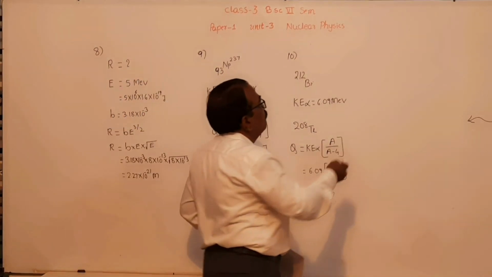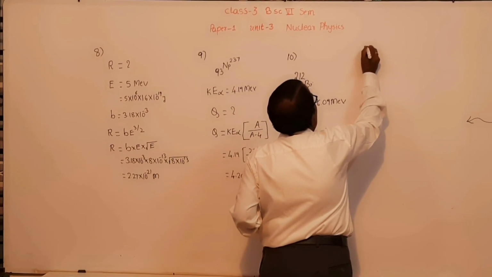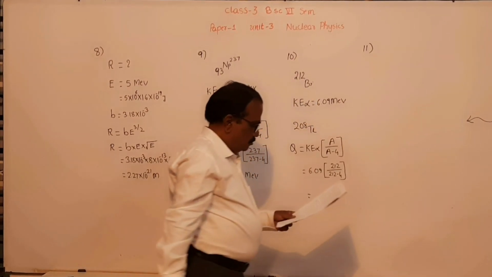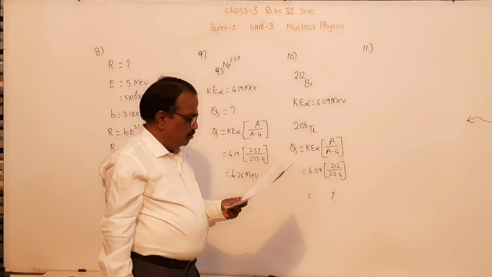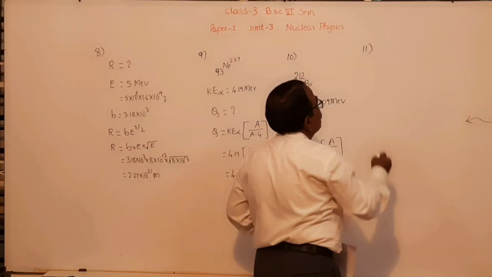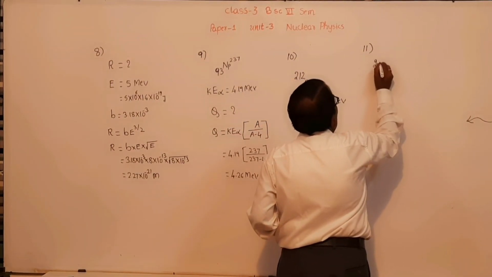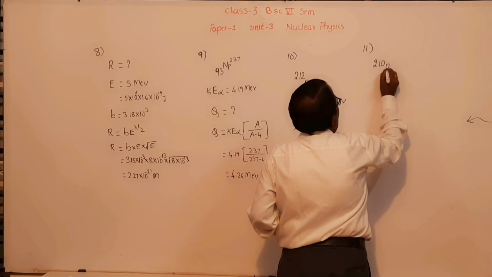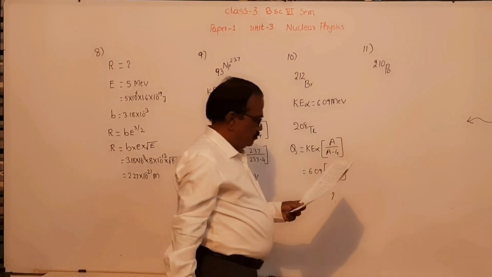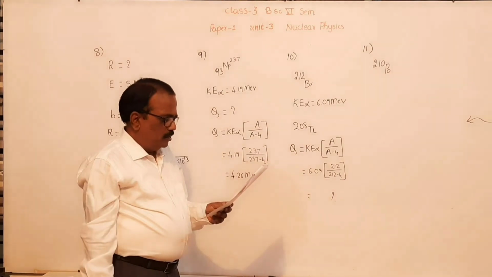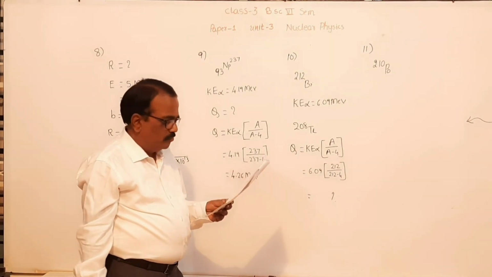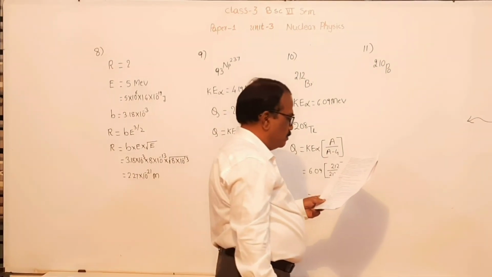Then 11th. Polonium 210 emits an alpha particle of energy 8.776 MeV.